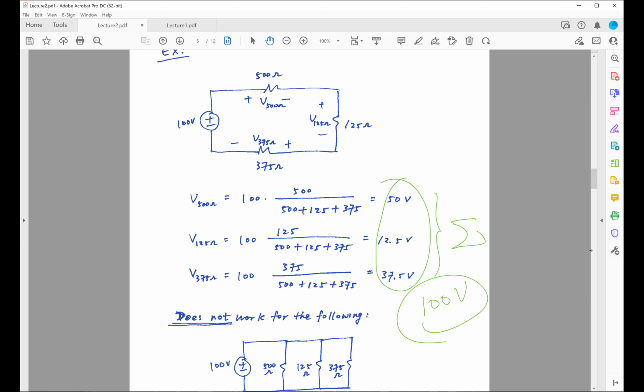So the question is, does this make sense? Does this surprise you? So I'll let you think about it. I add them up, I got 100 volts over here.